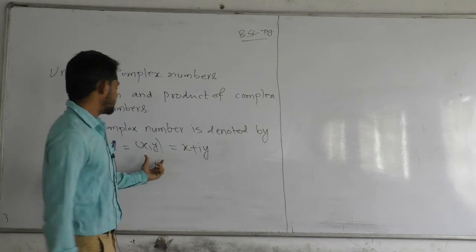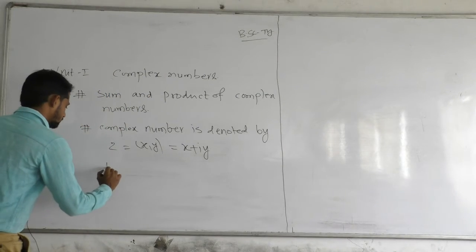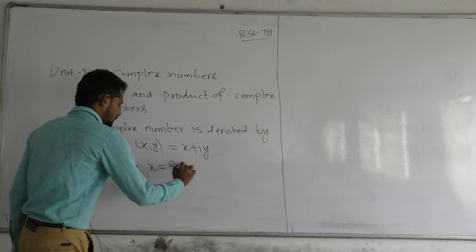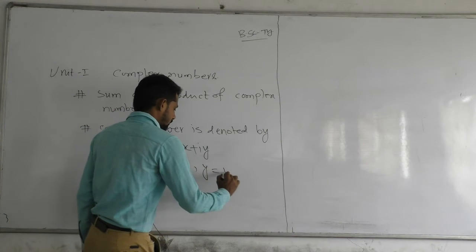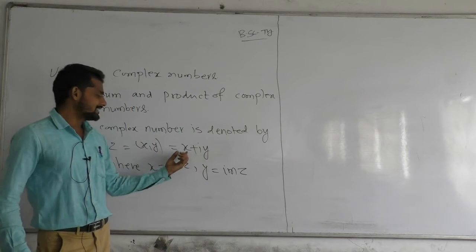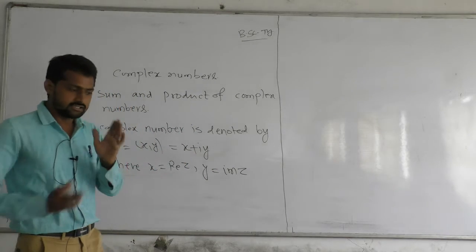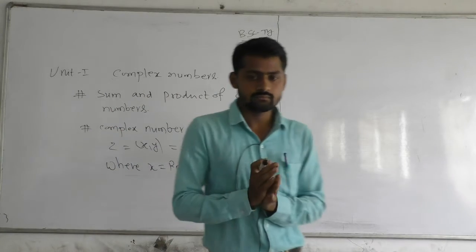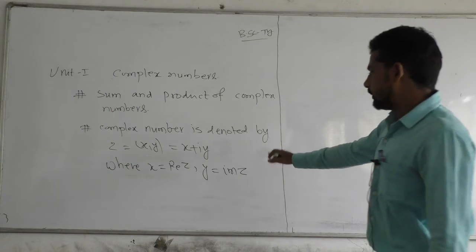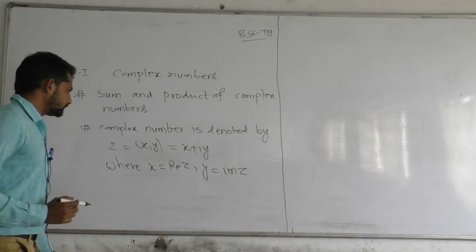So generally a complex number is denoted like this, where x is equal to real part of z and y is equal to imaginary part of z. Here x is the real part of the complex number. Every complex number has its real part and imaginary part.